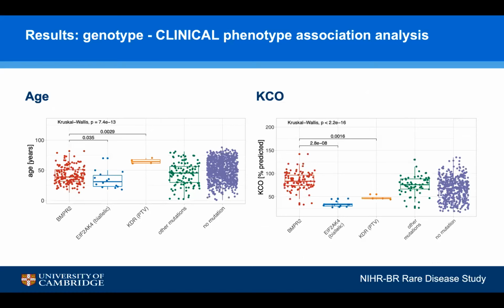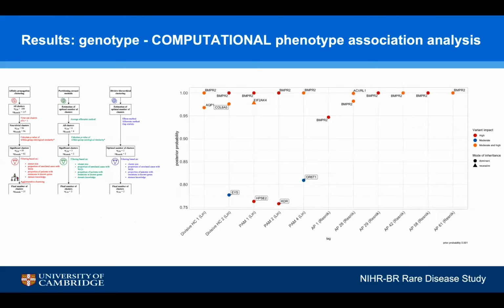When we grouped patients by mutation status, there were significant differences in age and KCO between BMPR2 mutation carriers and KDR mutation carriers. But when you look at patients carrying EIF2AK4 mutations typical for PVOD PCH, these patients were similar in terms of degree to which KCO was reduced, but very different in terms of age of onset, with KDR mutation carriers being much older at the time of diagnosis.